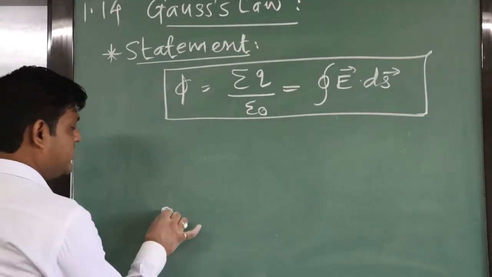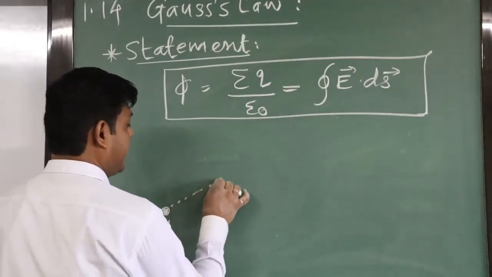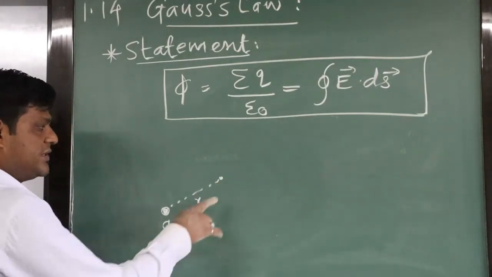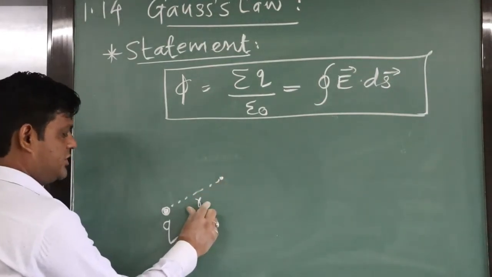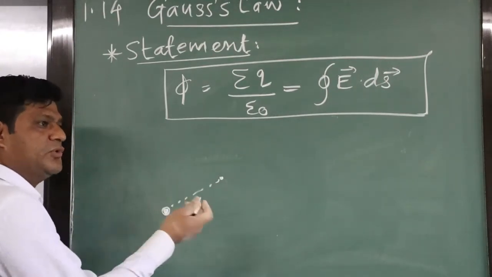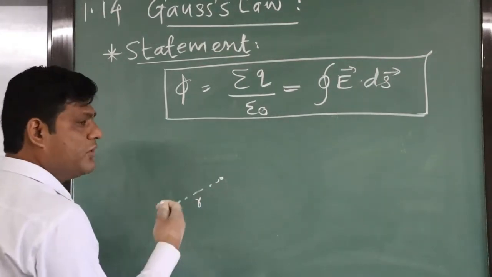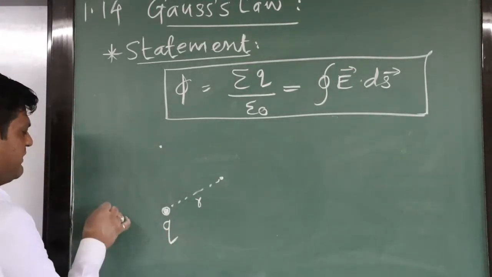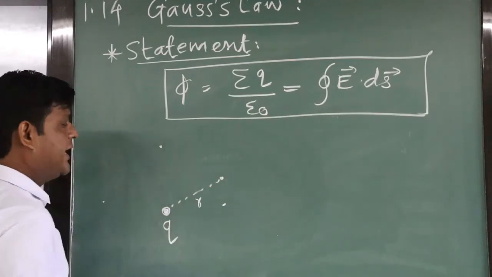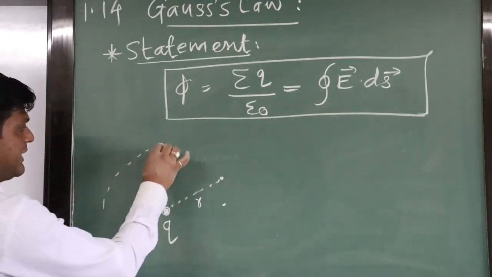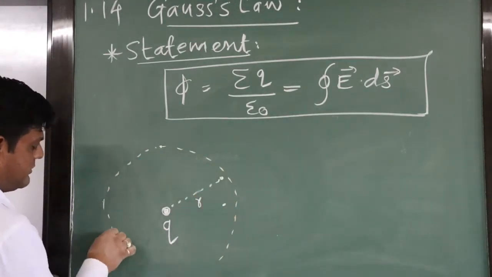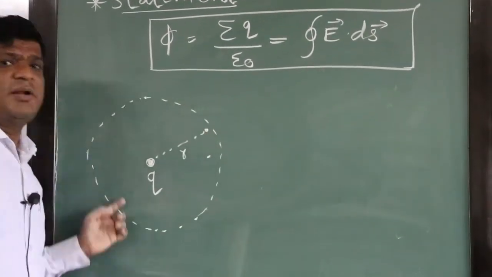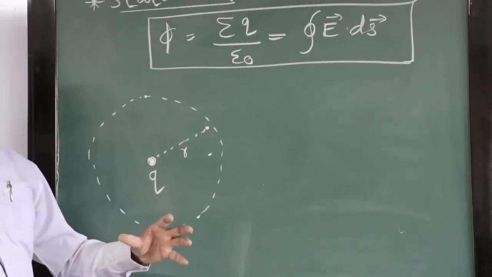So suppose we take a distance r. What is the electric field at this point at the r distance due to this charge? Suppose it will be E. Suppose we consider the same distance on the upper side, the downside, the right side, the left side, and if we join all the points having distance r, the imaginary surface made will be a sphere.